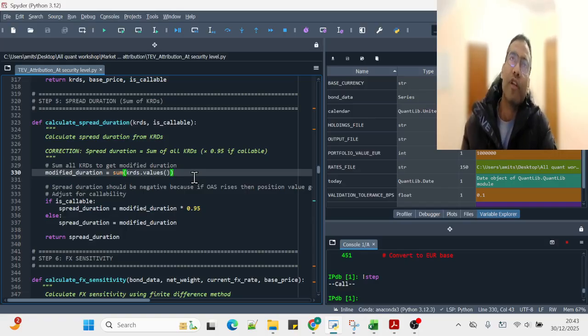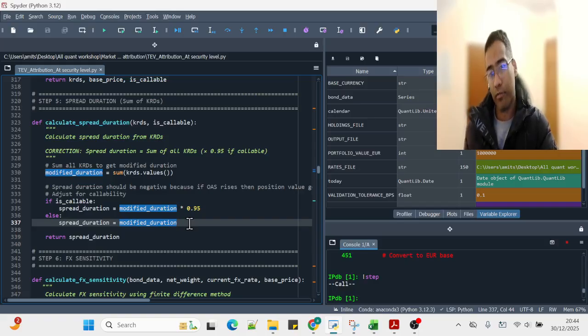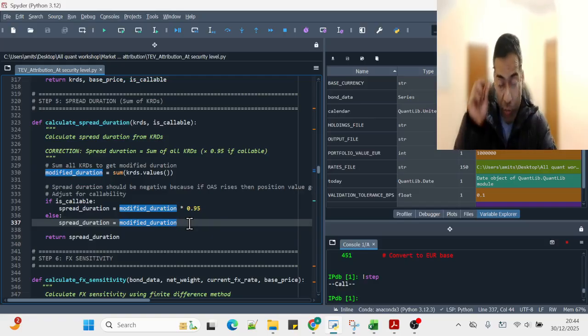But for this experiment, I have assumed that the sum of KRD is equal to the modified duration, and that is my spread duration. For callable bonds, I have assumed that it is slightly less, because callable bonds have a lower total duration as they can be called in by the issuer. That's why it is slightly less, 0.95.